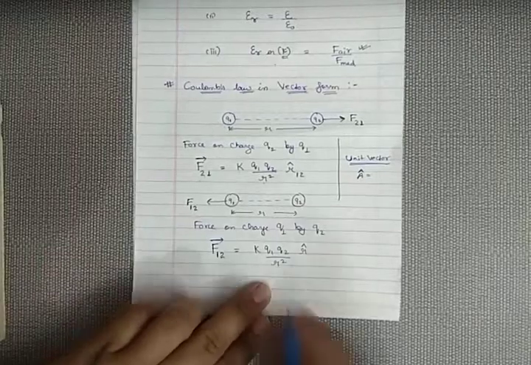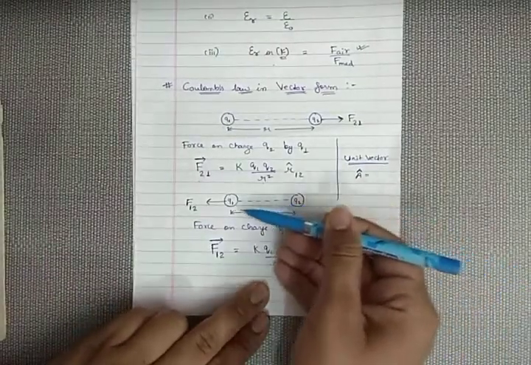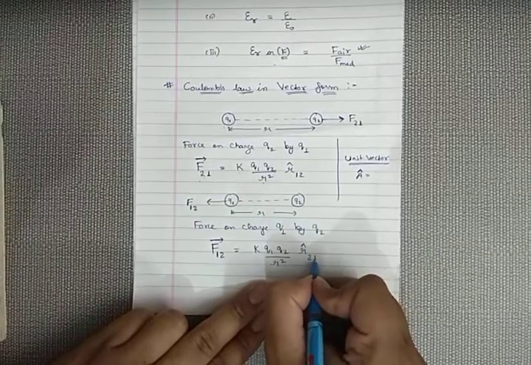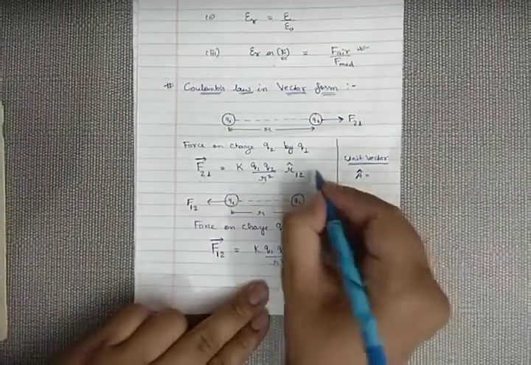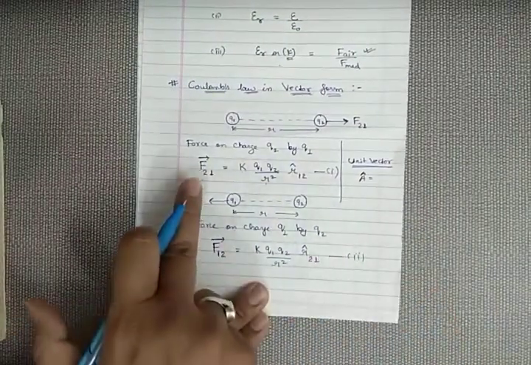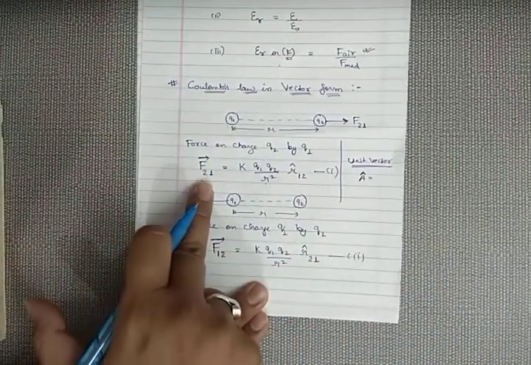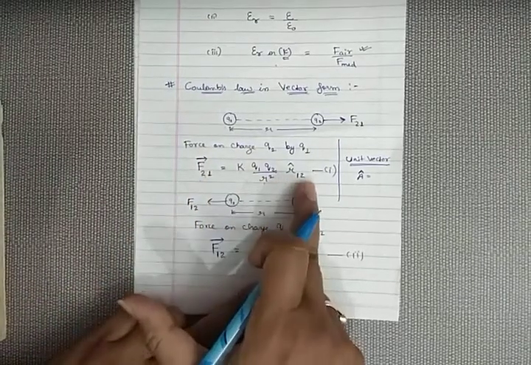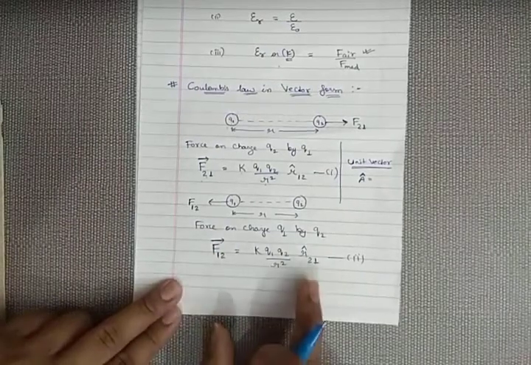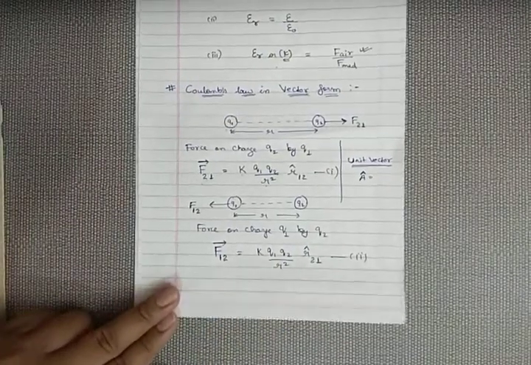This time the second is going towards the first, so the direction will be r cap 2 to 1. Note these two equations very carefully. First is force on second due to first, the direction is from first to second. Force on first due to second, the direction is from second to first.